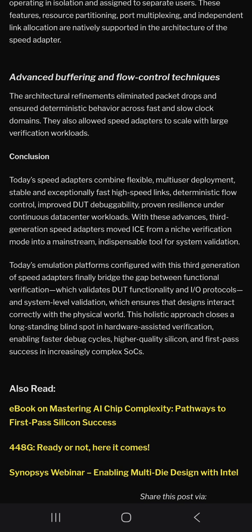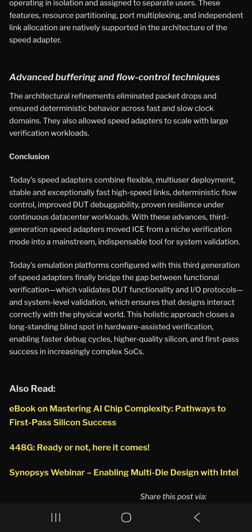Conclusion. Today's speed adapters combine flexible multi-user deployment and stable, exceptionally fast high-speed links, deterministic flow control and improved DUT debuggability, with proven resilience under continuous data center workload. With these advances, third-generation speed adapters move from a niche verification mode into mainstream, indispensable tools for system validation.